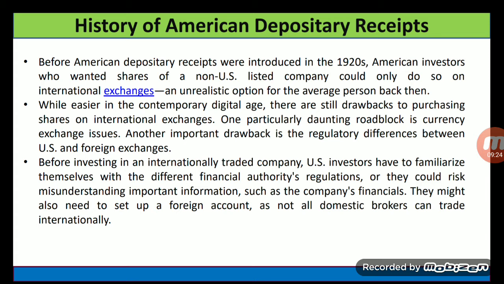They might also need to set up a foreign account, as not all domestic brokers can trade internationally.